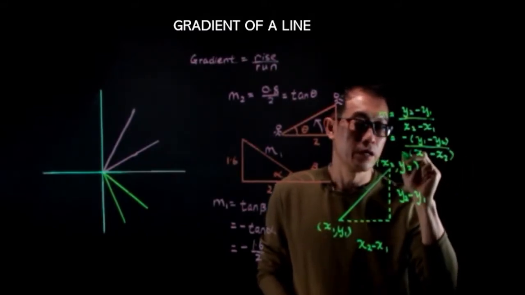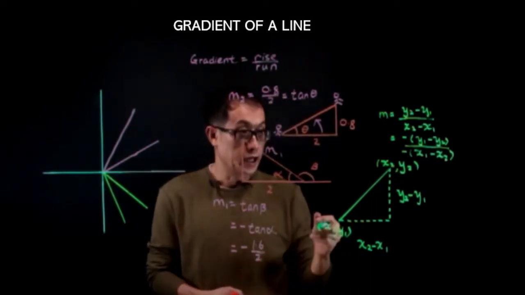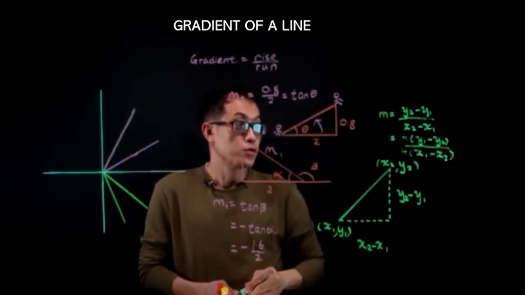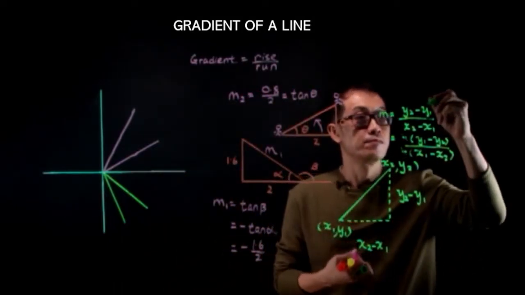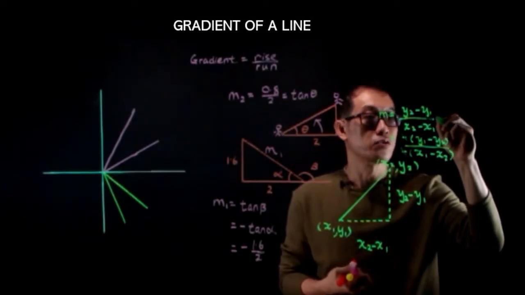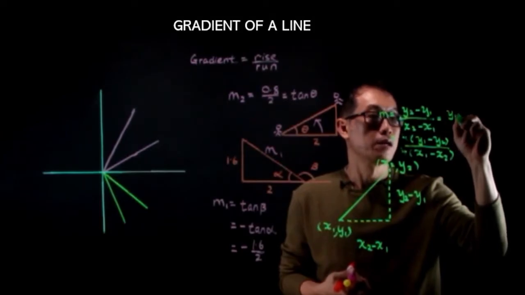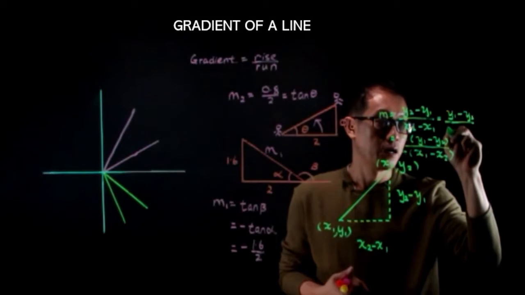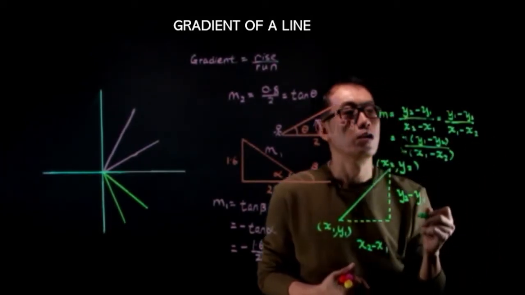The negatives cancel each other, so this is also equal to y1 minus y2 over x1 minus x2.